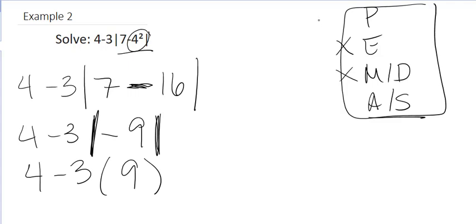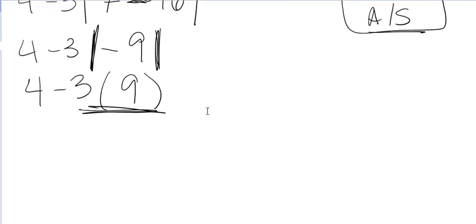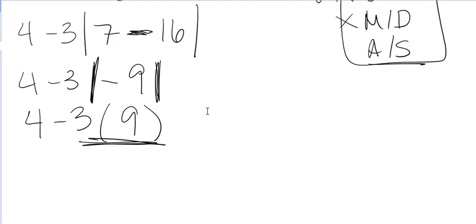So we've dealt with the parentheses, which was the absolute value. We don't have any exponents. So now we can look to multiply and divide, which is shown right there. So we will begin to multiply. So 4, and then we have minus 3 times 9, which is minus 27.